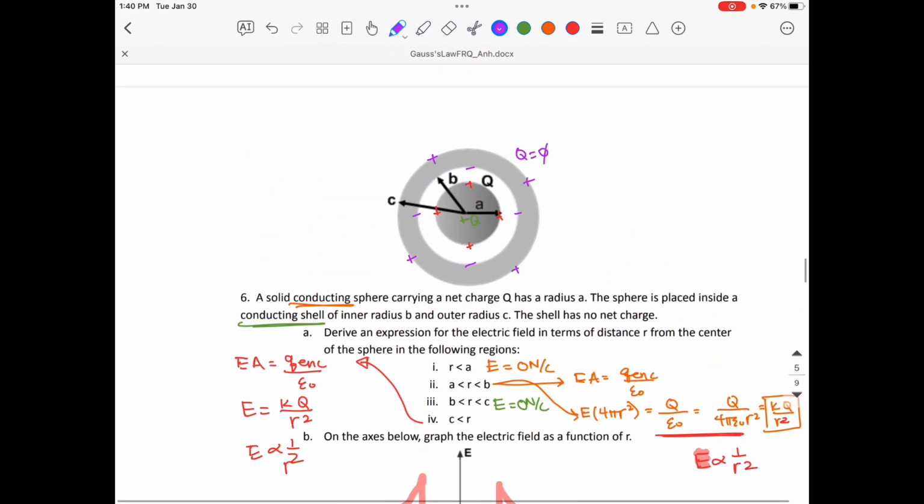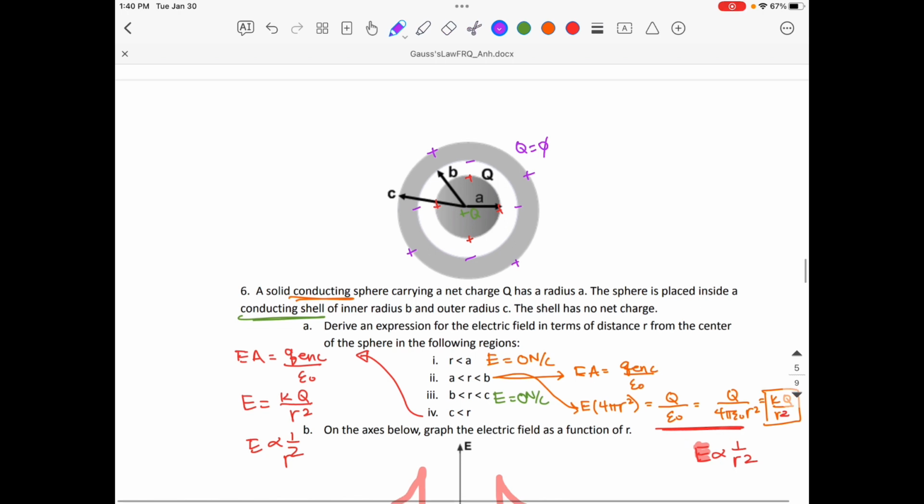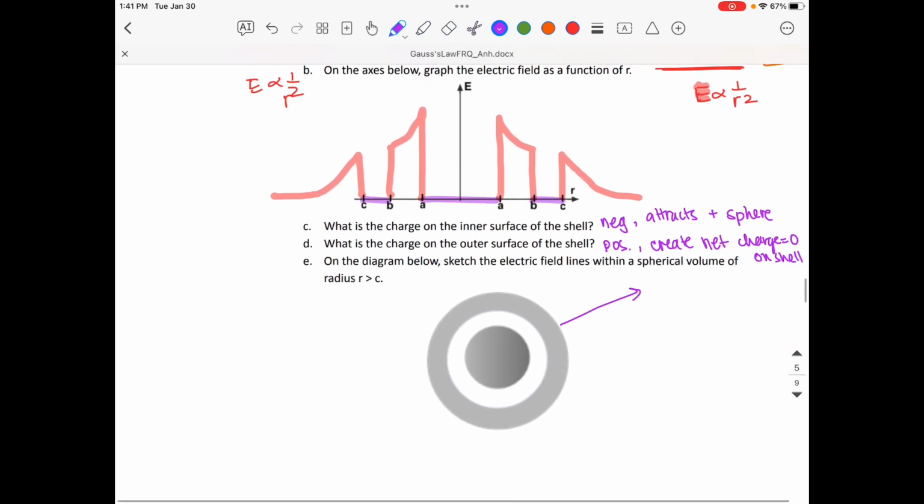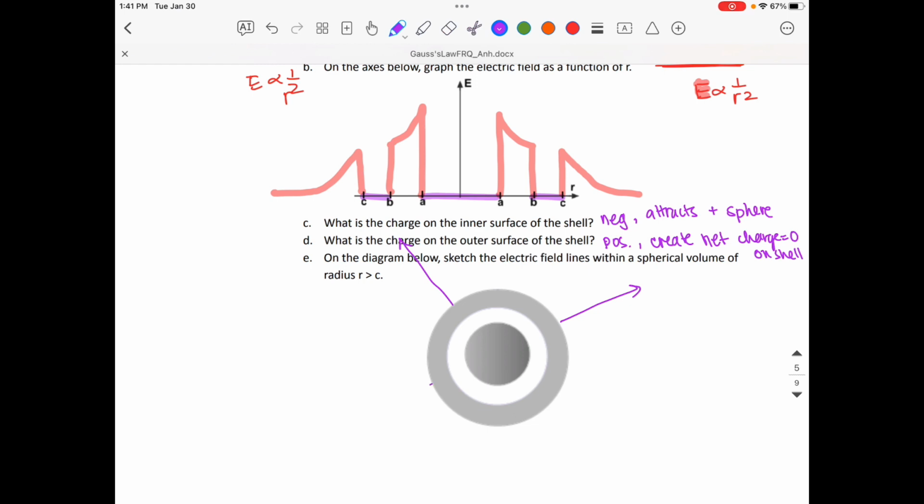As I drew them up here, I'm going to have positive charges, and they help neutralize the negative charges on the inside. So that would be your electric field, positive charges going out. And you can draw as many as you want, as long as it represents the equal charge on the inside. But that would be your final answer for part E.